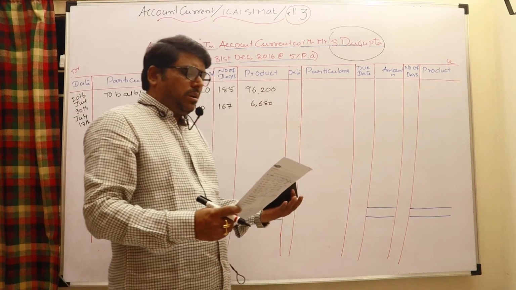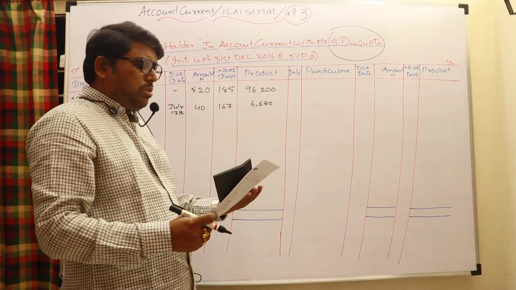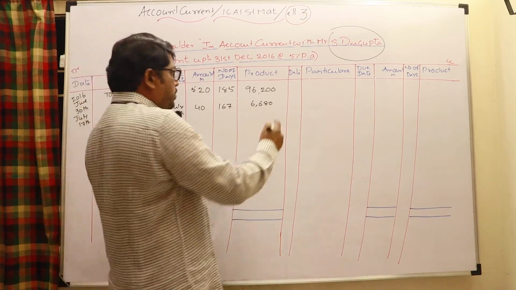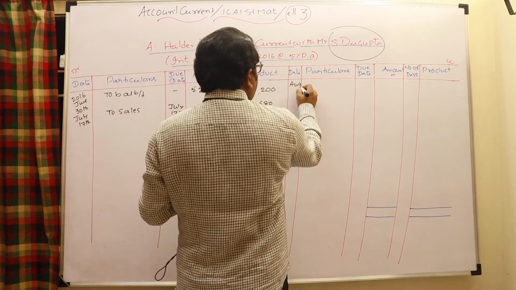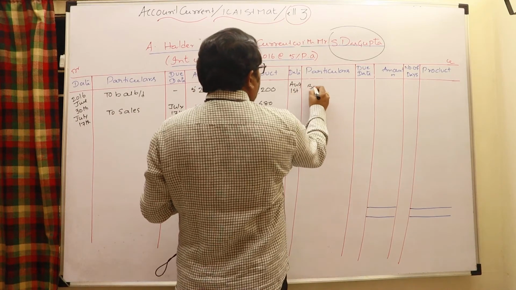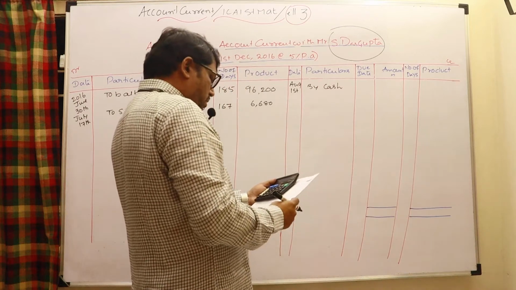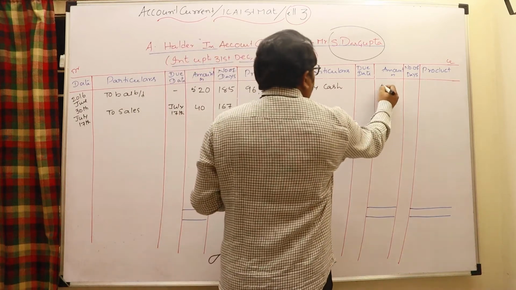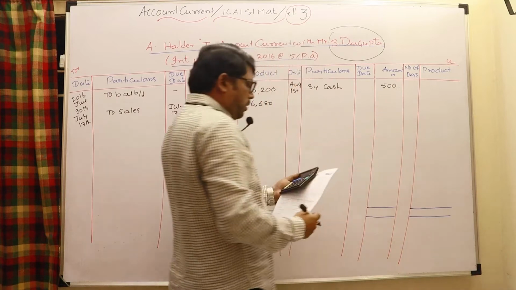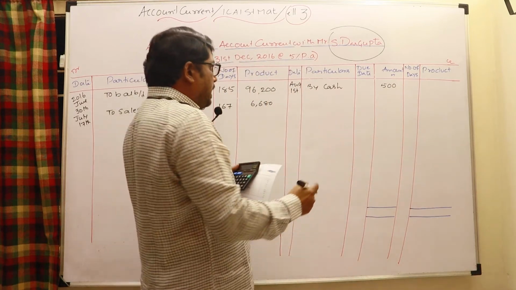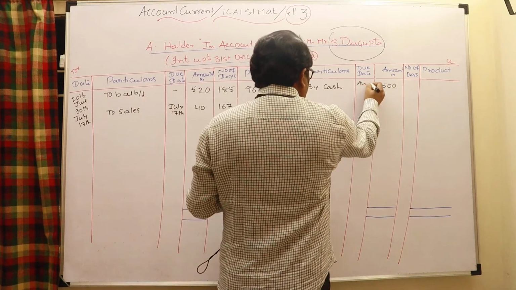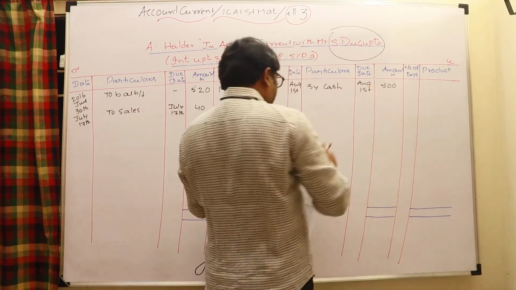Go to the next transaction: cash received from A Holder. Cash account debit, to Holder, in the holder's account by cash, August 1st, amount is 500. No separate due date is given, so August 1st itself is the due date for this transaction.